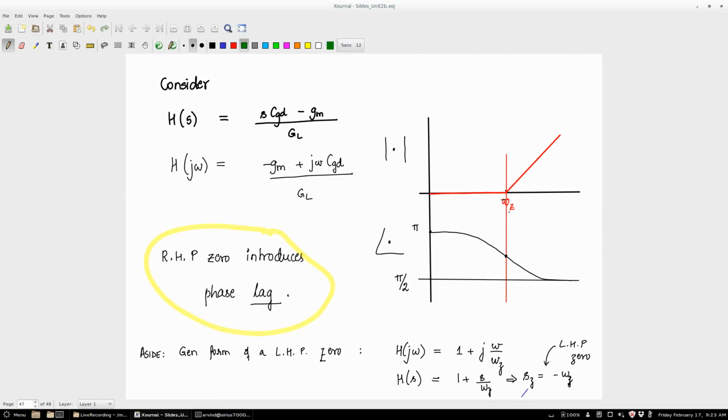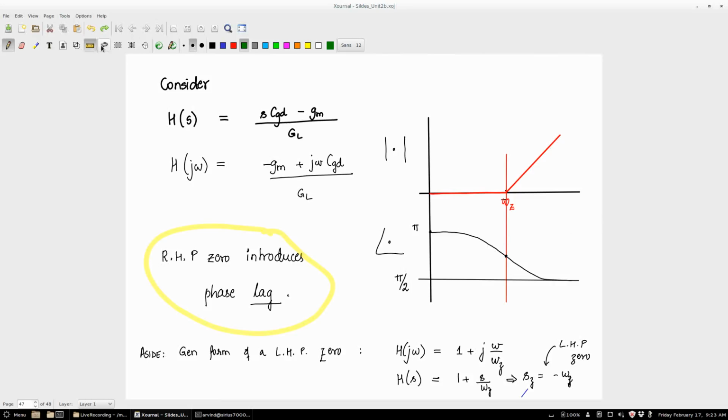So you have a left half plane zero. At omega equal to 0, the phase would be 0, because it will just be the 1. And at omega being infinity, it is pi by 2, right?